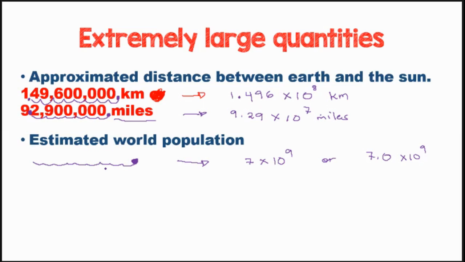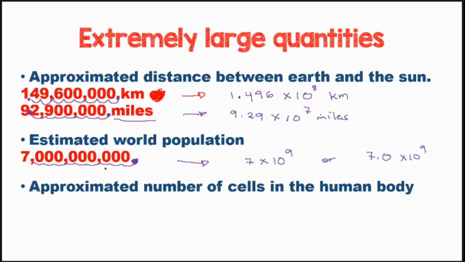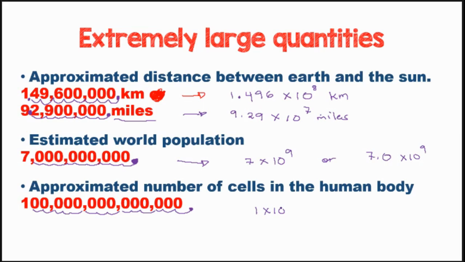Let's go to the next example, the approximated number of cells in the human body. It looks tiring. So how many times are we going to move our decimal place to the left? 1, 2, 3, 4, 5, 6, 7, 8, 9, 10, 11, 12, 13, 14. So we have to move our decimal place 14 units to the left.